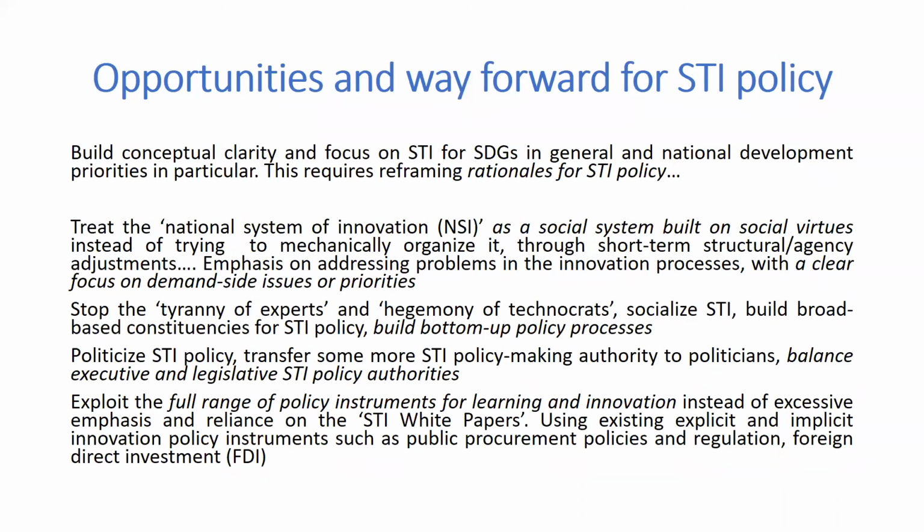And you read from some of the recommended literature, such as Borrás and Edquist, that public procurement is the most powerful innovation policy instrument. There are many cases where it has been well used, but in Africa we've not really recognized that you can use such implicit instruments to promote innovation.